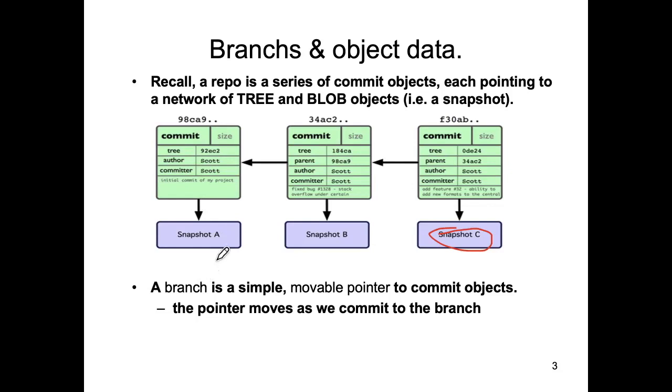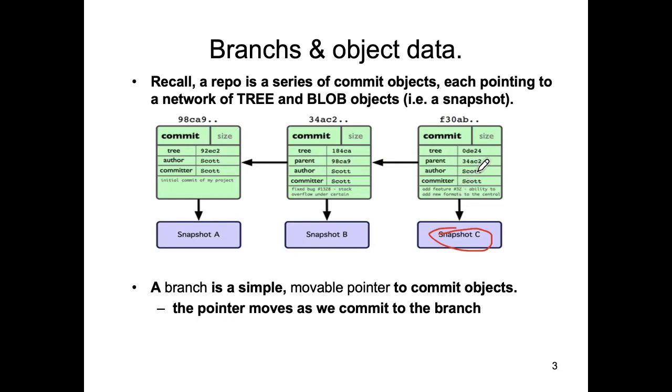So when you perform the commit operation, a new one of these green boxes is created, and the branch file, the branch that you're currently on, is just going to refer to the hash value of that new commit object.